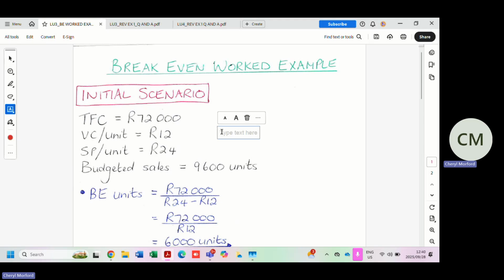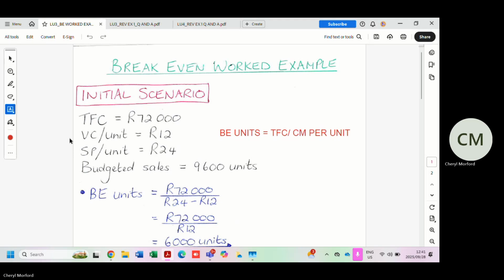Just a reminder on how it goes. Our break-even units is equal to our total fixed cost divided by contribution margin per unit. Don't forget that another term for contribution is marginal income.